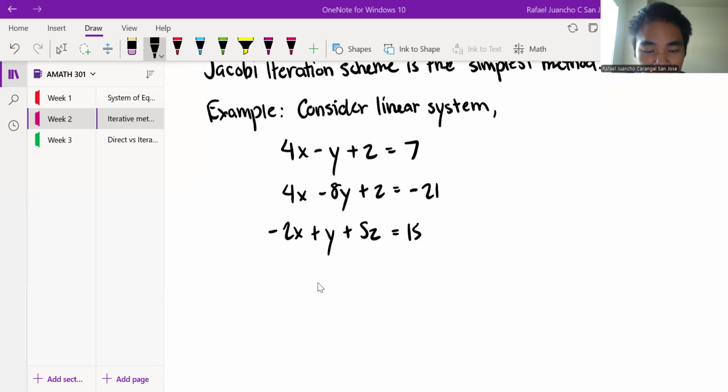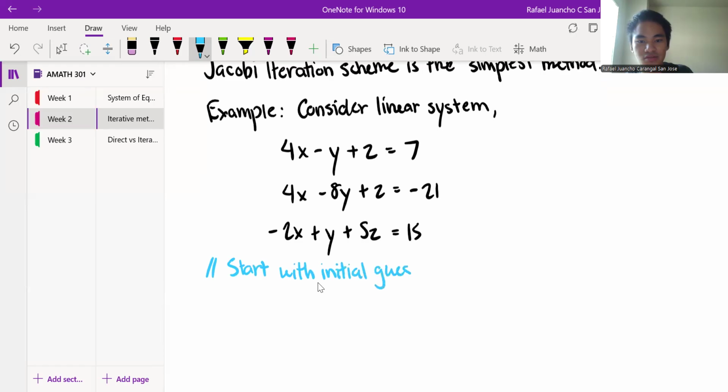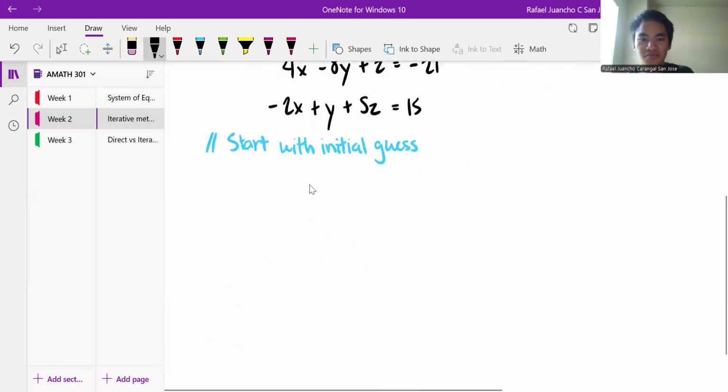So let's start with an initial guess, because that's the first step.